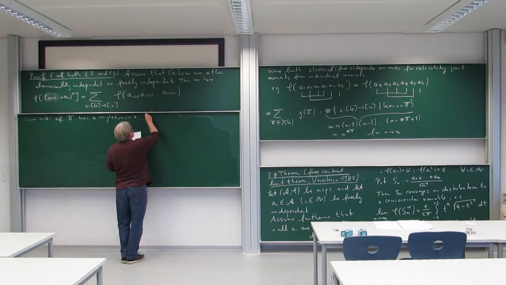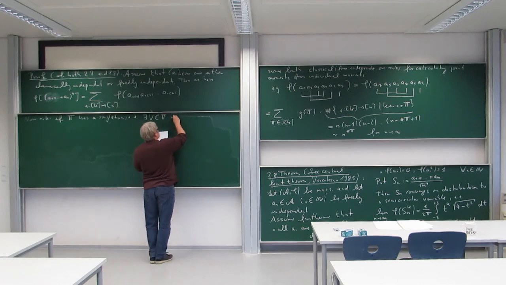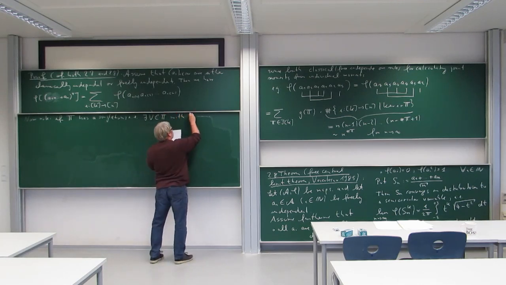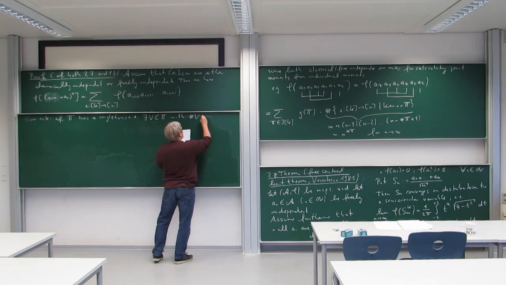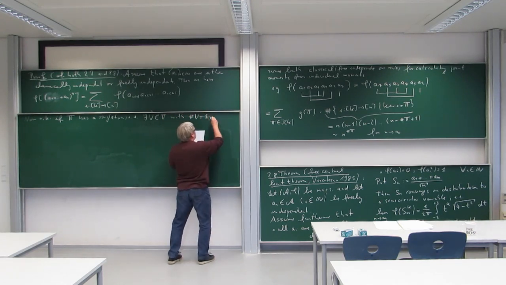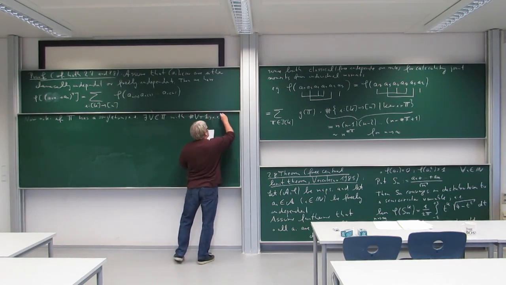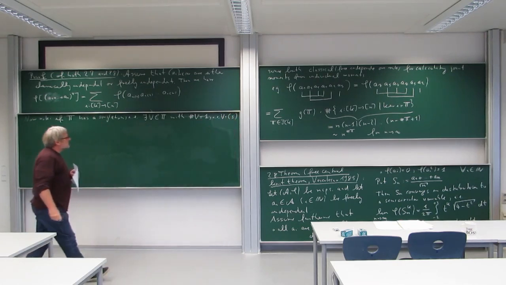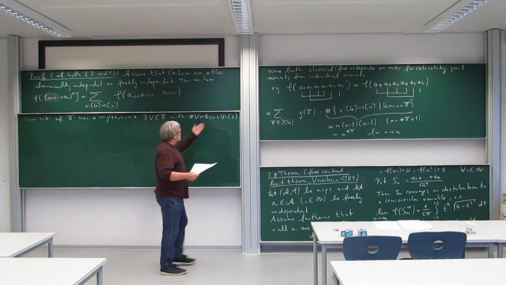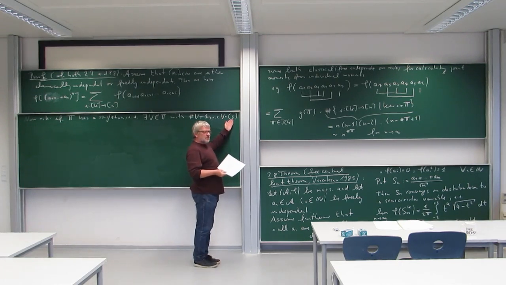This means I have a block V of pi which has size 1. Also the number of elements in V is 1. Let's give a number to this element. So let's say V consists only of s. I mean, V is a subset of the positions 1 up to k, so s is a number between 1 and k.